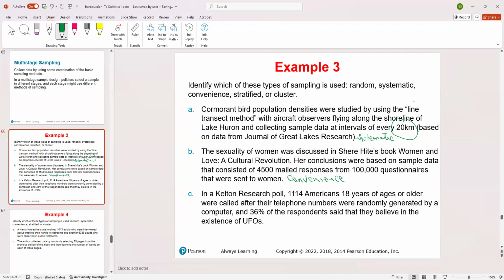In a Kelton research poll, 1,114 Americans, 18 years of age or older, were called after the telephone numbers were randomly generated by a computer. And 36% of the respondents said that they believe in the existence of UFOs.